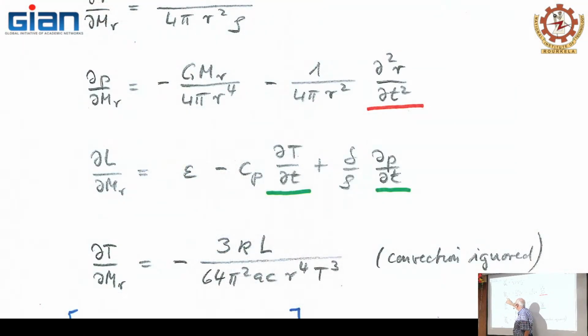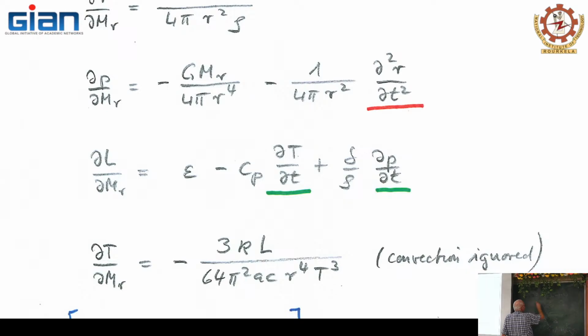So dp0 by dm has to be minus GM_r over 4 pi r0 to the fourth. So these two cancel, and we are left with a homogeneous linear differential equation for the perturbations in terms of p1 and r1. Here r1 is appearing in the acceleration, and we have kept the time derivative of this perturbation, and we have kept the linearized version of the hydrostatic equilibrium.